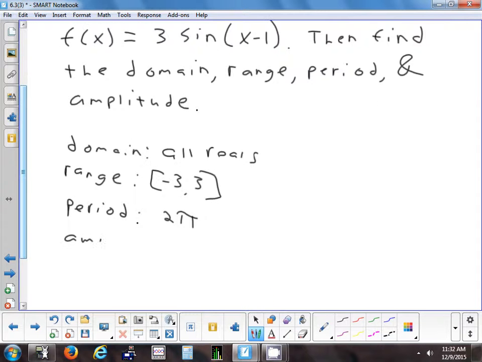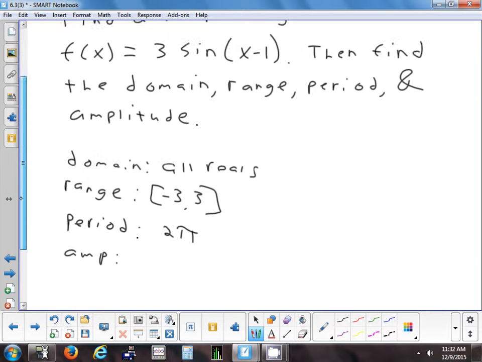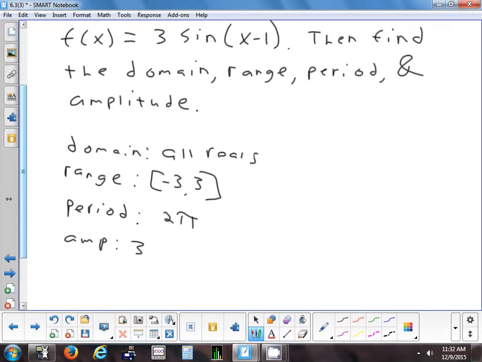Amplitude. What's my amplitude? 3. Now, if I set my window from 0 to 2 pi, will that show me 1 period? No, because this is the shift. Well, what's the period here?